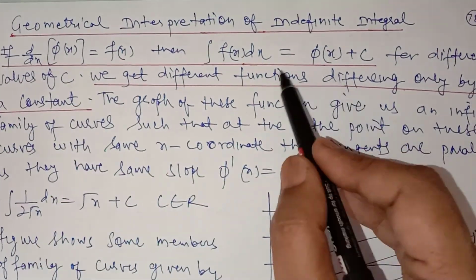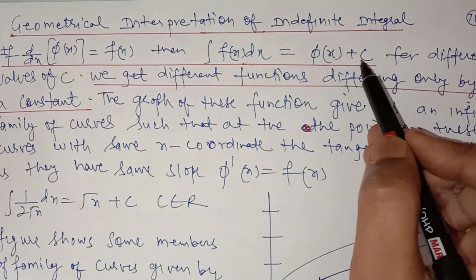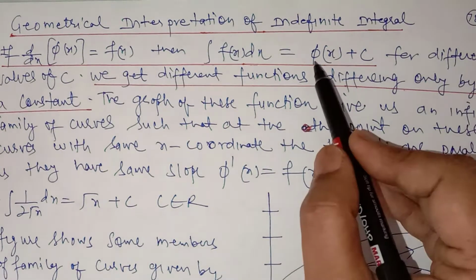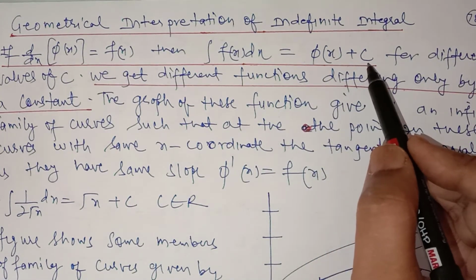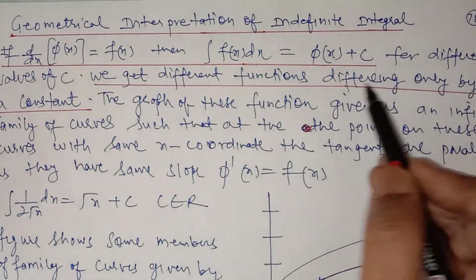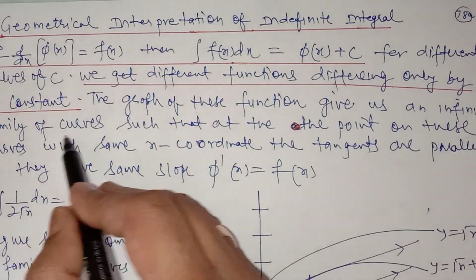Now what is the meaning of this? The function phi x plus c for f x dx will be different for different values of c. If we get different functions differing only by this constant c, the graph of the function gives us an infinite family of curves.